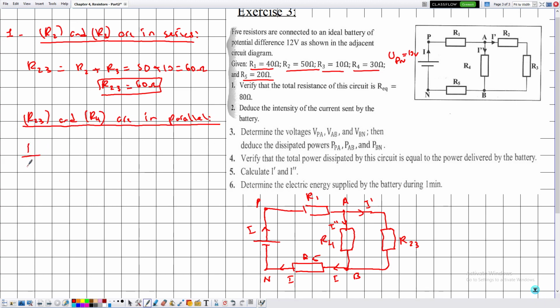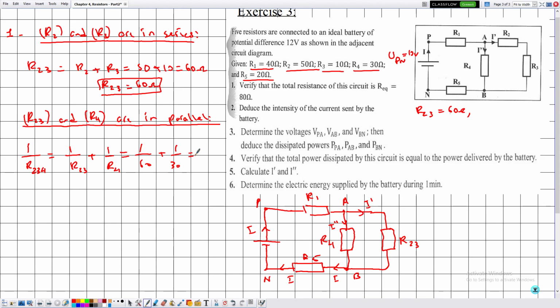So 1 over R234 is equal to 1 over R23 plus 1 over R4, that is equal to 1 over 60, and here let me say that R23 is equal to 60 ohms, plus 1 over R4, 1 over 30.